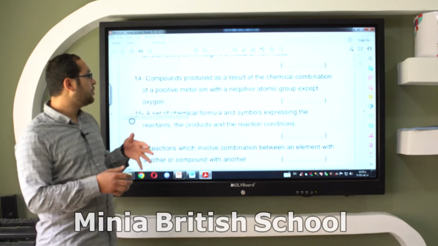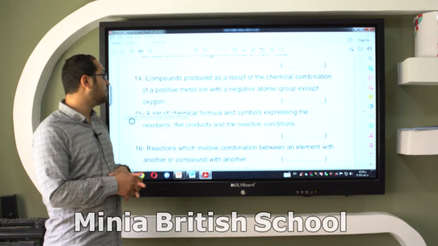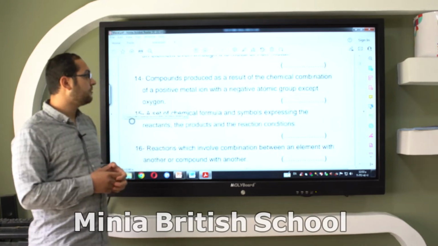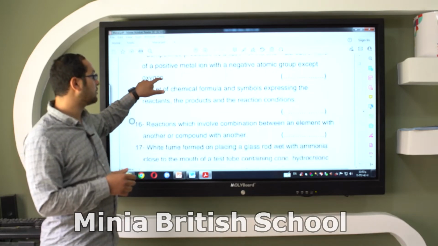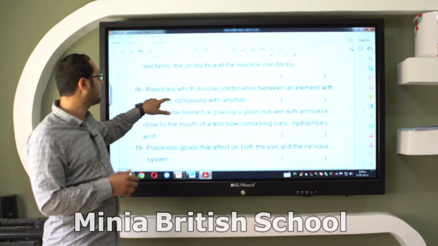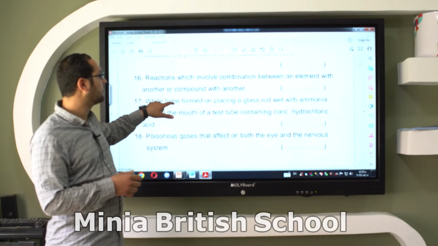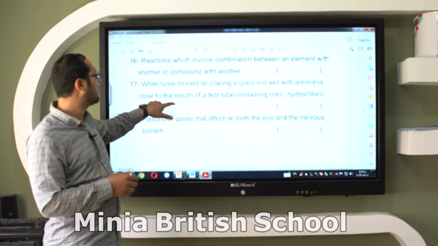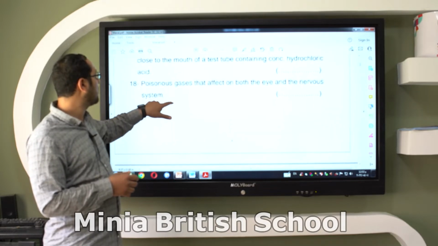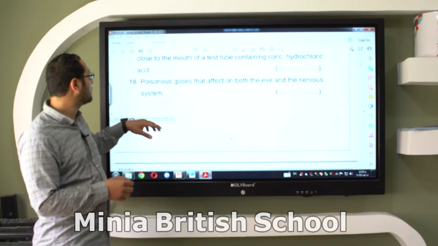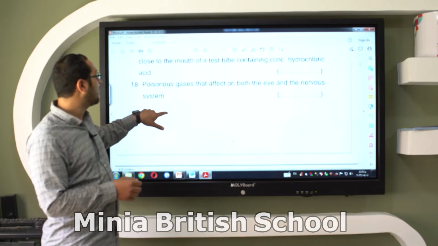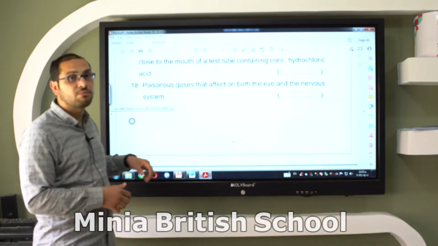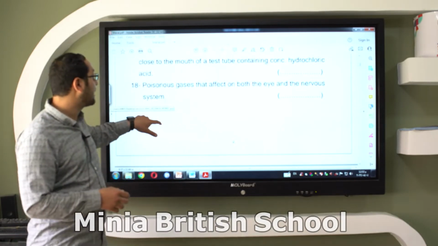Compounds produced as a result of the chemical combination of a positive metal and a negative atomic group are salts. Poisonous gases that affect both the eyes and the nervous system: this is nitrogen gas.